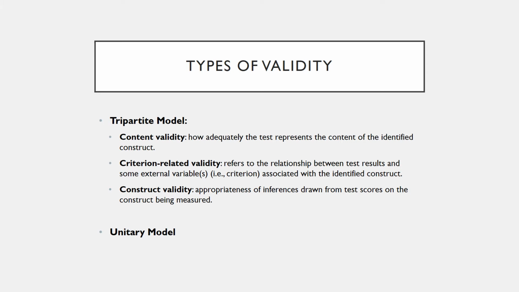So making sure, for example, with mood and behavioral disorders that we're capturing both emotional and behavioral symptoms, not just one or the other, which might be a threat to this idea of content validity.